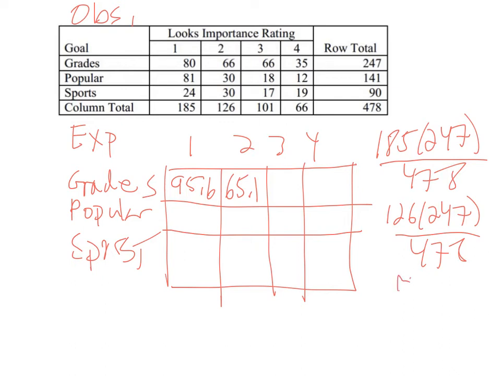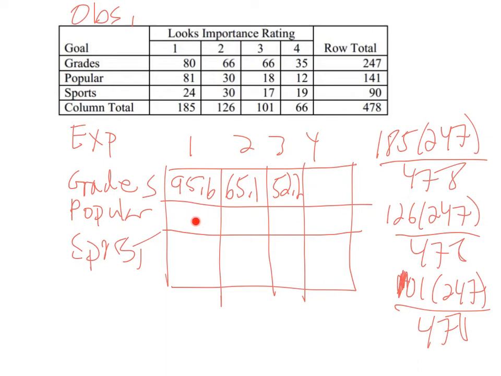So 101 times 247 divided by 478. I got 52.1, 52.2. And then the last one, we're going to take 66 times 247 divided by 478. I'll let you fill that in. Actually, I'm going to have it all filled in here in a minute anyways.